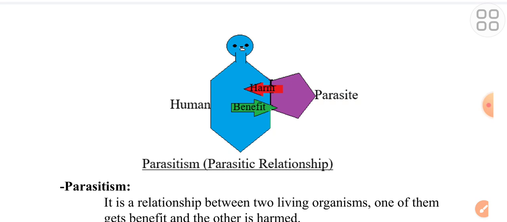But the red arrow, highlighted as harm, is going from the parasite to human being. So the outcome of this relationship is benefit to the parasite and disease to human.